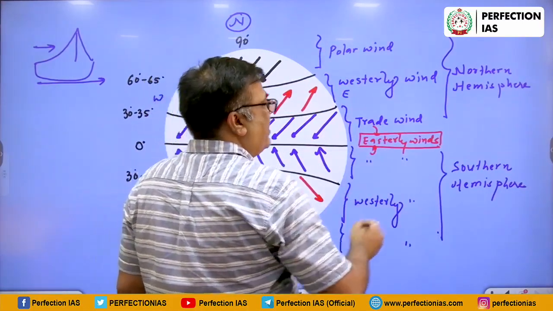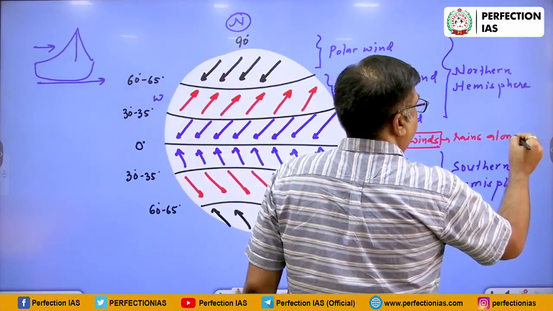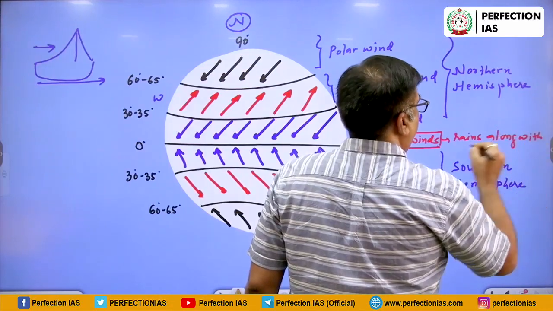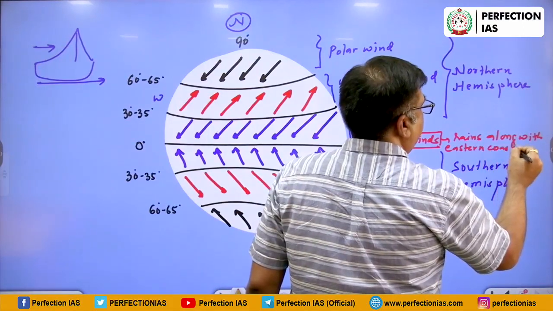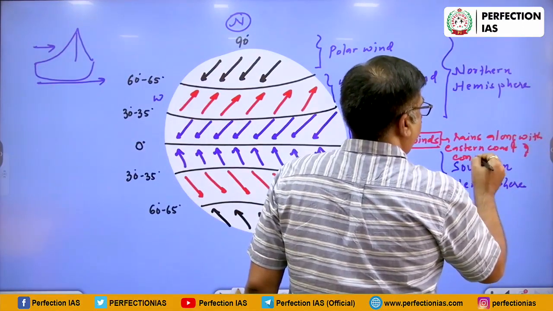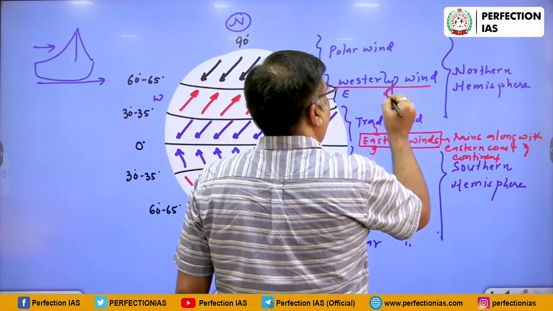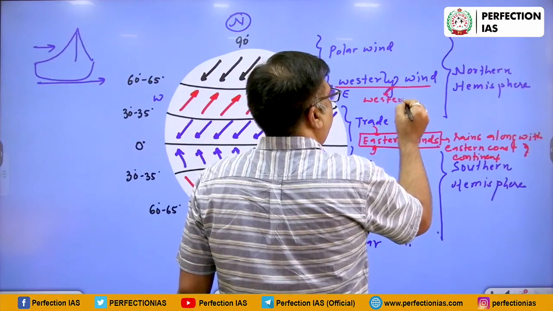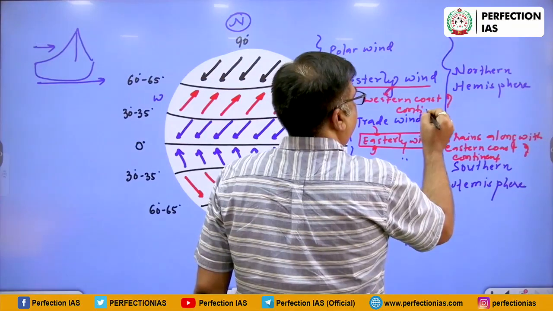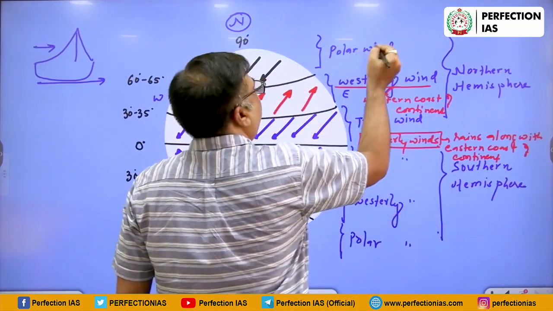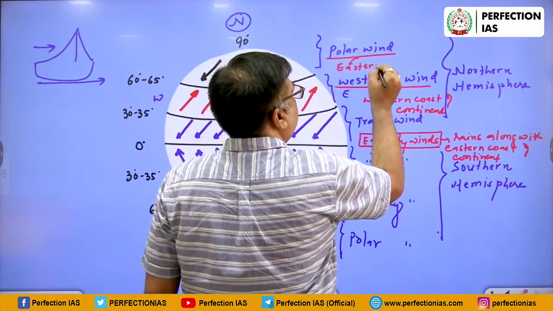So easterly wind always rains along with the eastern coast of the continent, and the westerly wind will rain along with the western coast of the continent, and polar wind along with the eastern coast.